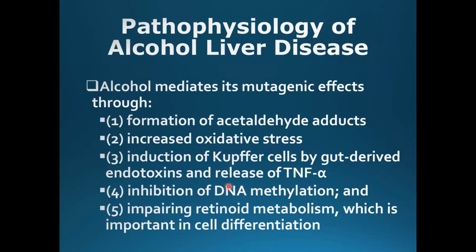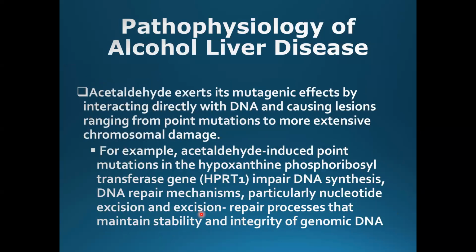Four, inhibition of DNA methylation, and then impairment of retinoid metabolism, which is needed for cellular differentiation. And that's going to keep the cell in an undifferentiated state, which is going to make it exposed for cellular transformation.